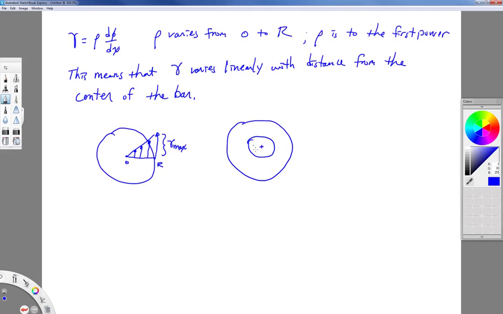So what that means is inside the circle that's hollow, we don't have any shearing strain. But the strain distribution still varies linearly with that distance. What that means is for this radial line, I start to pick up strain on the inside edge of this cross section, and it varies linearly with distance to the outside edge.